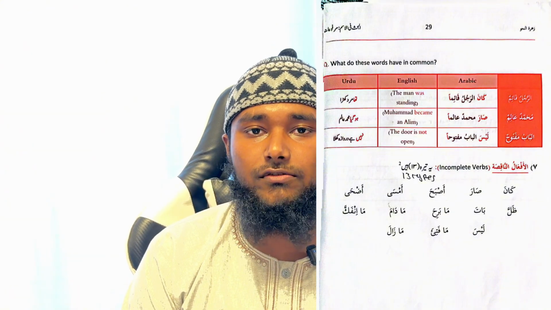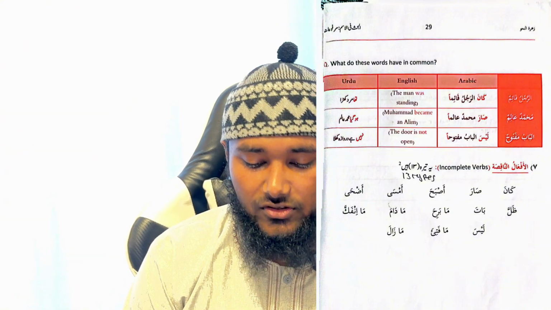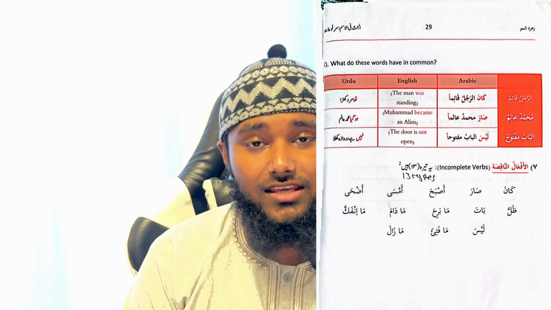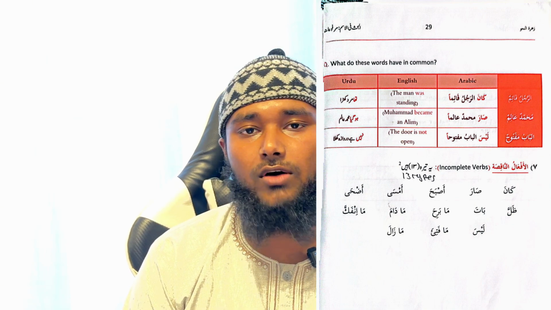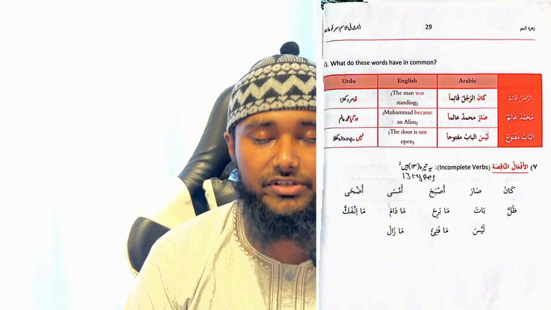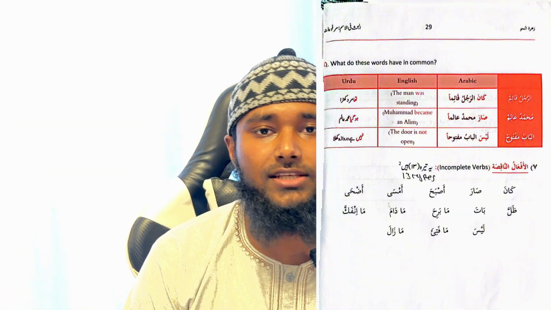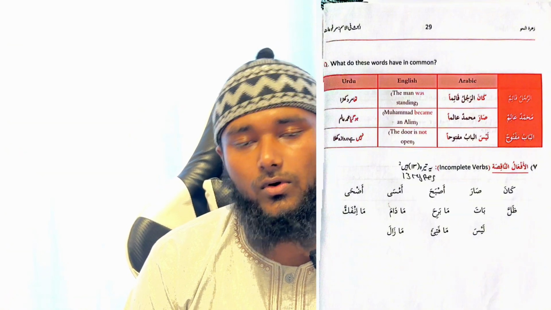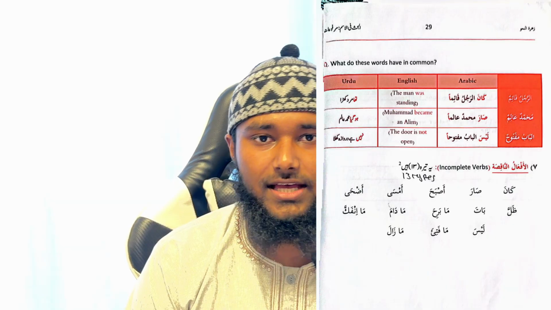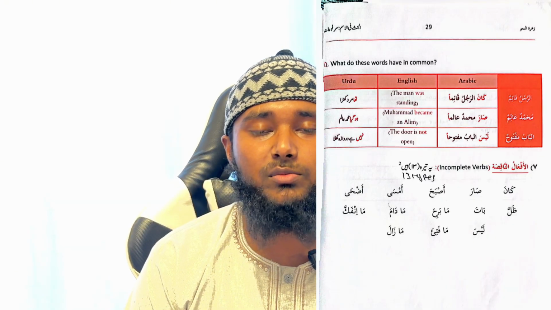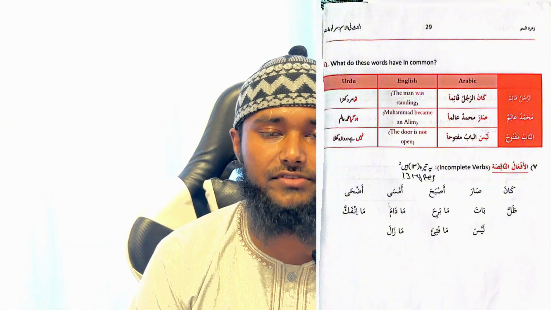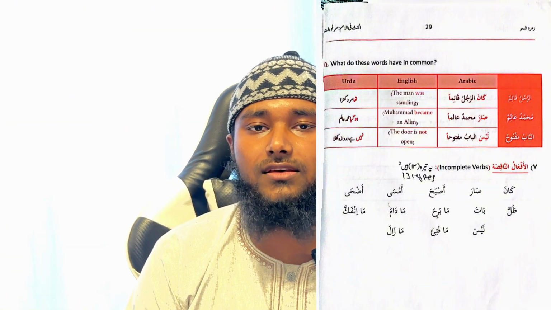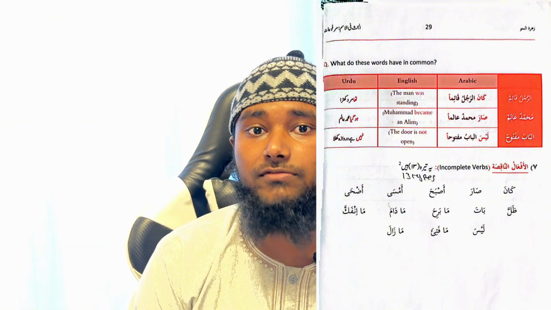Here there's a slight twist, because when we looked at the chapter of La li Nafyi al-Jins, the previous chapter, and the chapter of Inna wa Akhawatuha, you could see the common pattern between both of those chapters.